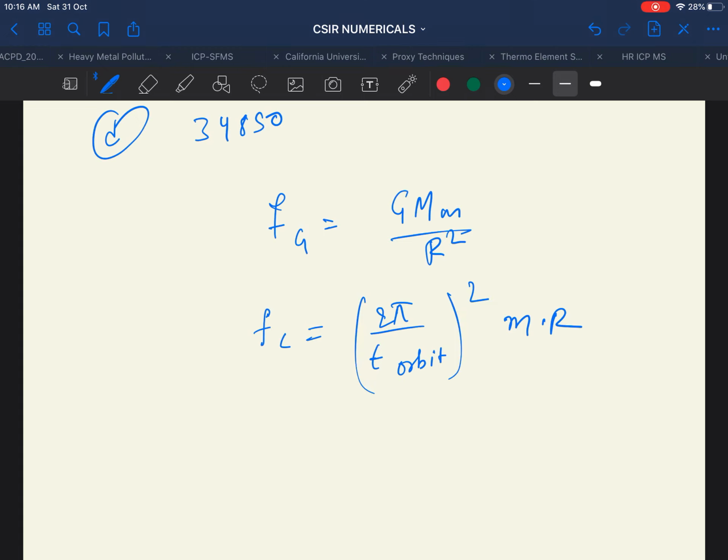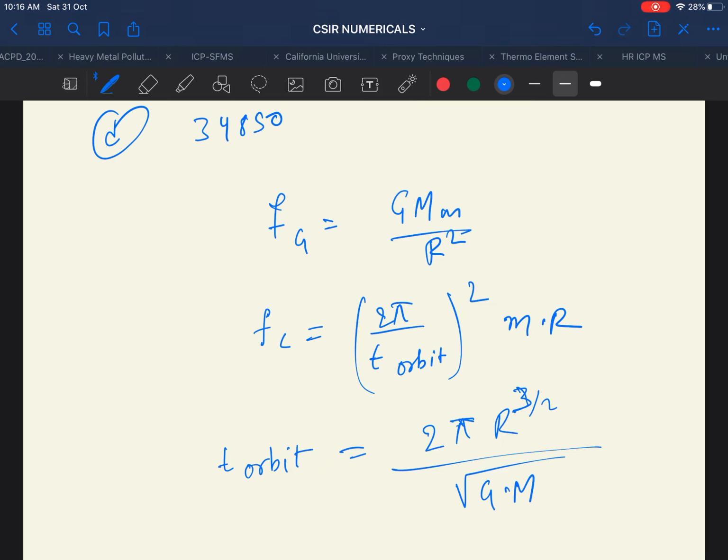Now solving for the orbital time period, T orbit, we can equate both forces, and finally we get T orbit equal to 2 pi r to the power 3 by 2, divided by the square root of GM.